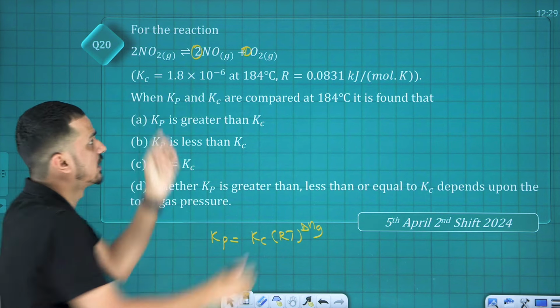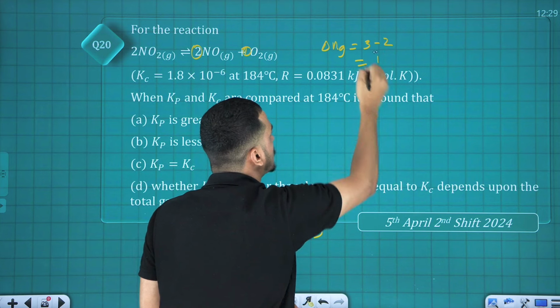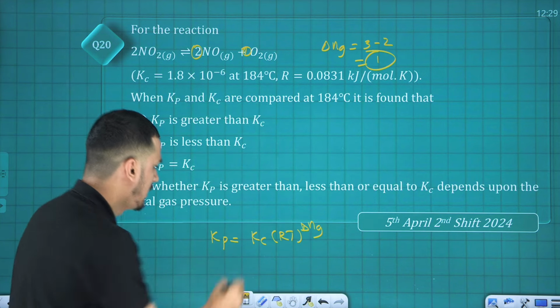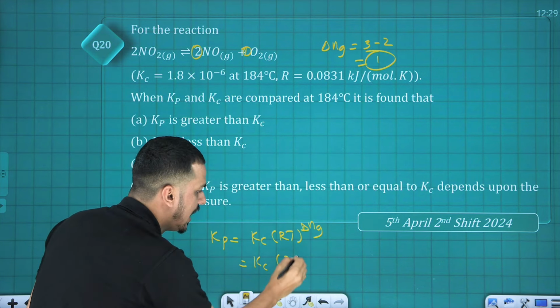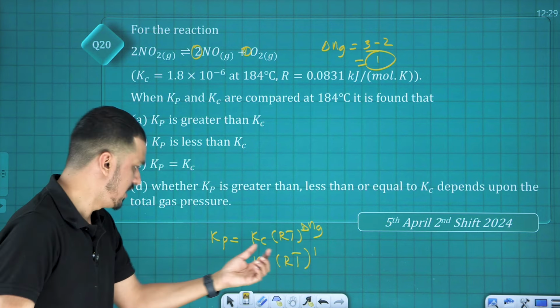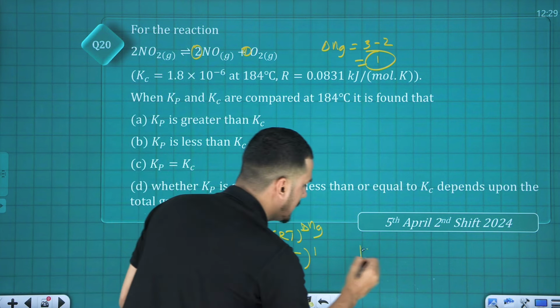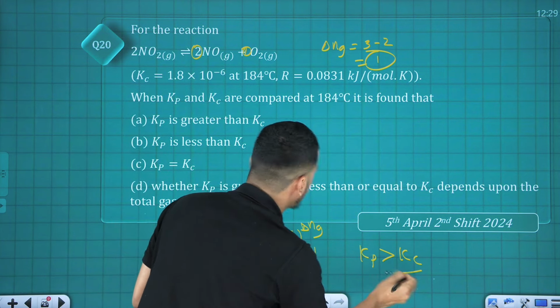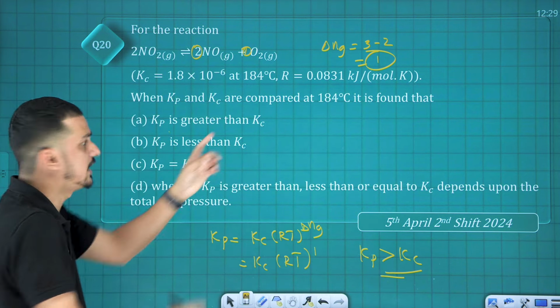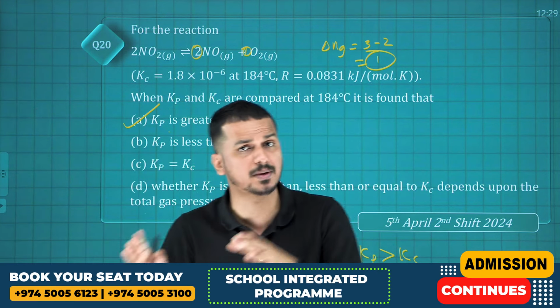On the left hand side 2 are there. So delta Ng equals 3 minus 2 equals 1, meaning Kp equals Kc into RT raised to 1. That means whenever you multiply Kc with RT, then only you get Kp, so Kp is always greater than Kc. So the answer is Kp is greater than Kc, option A.